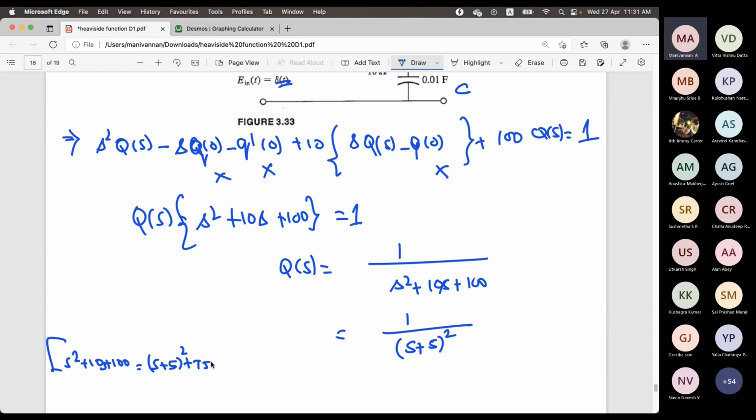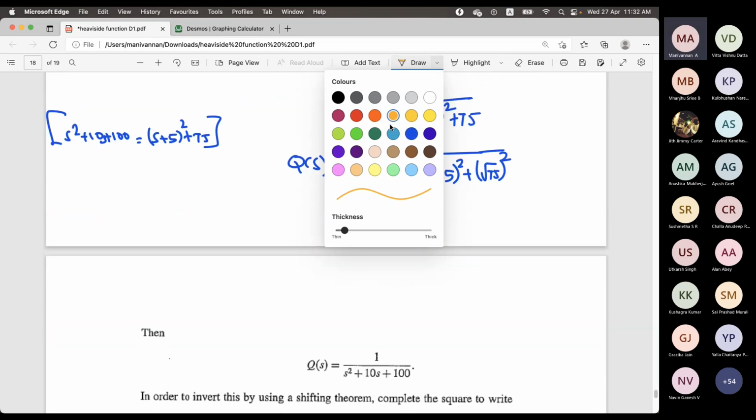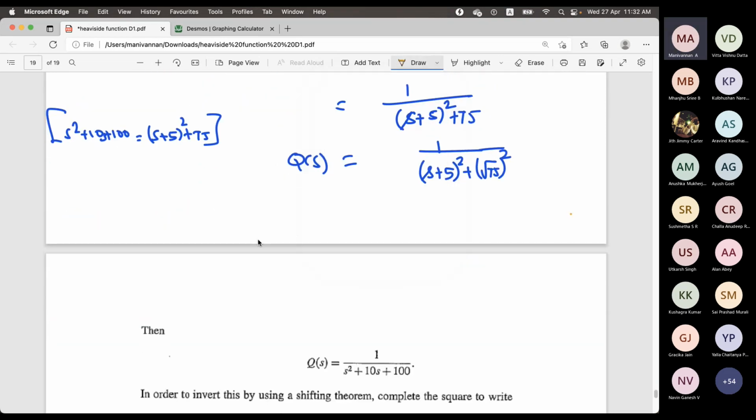So plus 75 here we are having. So this can be written as 1 divided by s plus 5 whole square plus root 75 whole square, without loss of meaning. Okay, now applying the inverse Laplace transforms. The problem is anyway solved.